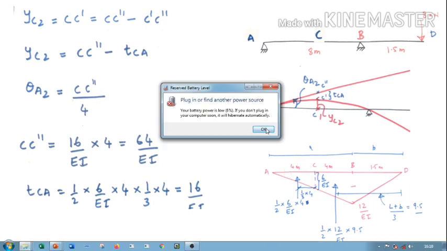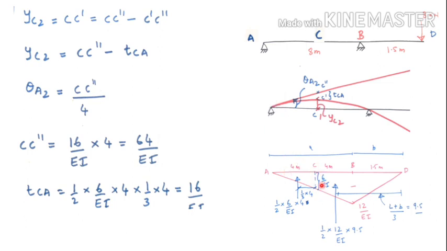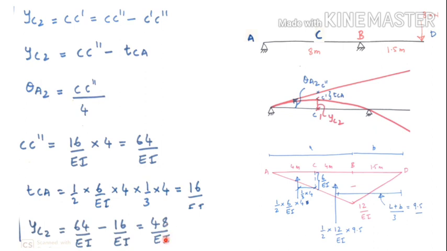This 6 by EI is coming by the concept of similar triangles. And you see, total load is acting at the centroid of this figure. Perpendicular distance is 1/3 of 4. Okay, so when you solve this, you will get TCA. Just substitute here, you will get YC2. YC2 is equal to 48 by EI because it is upward. YC2 is upward, that is why it is positive.